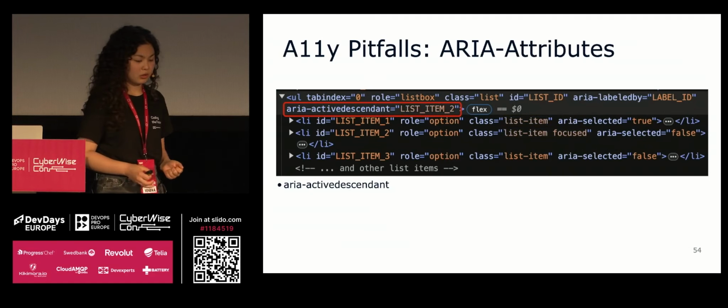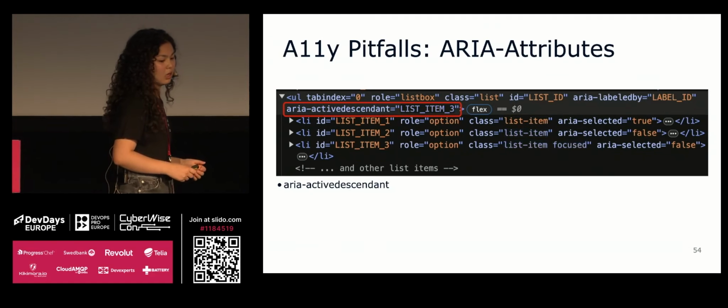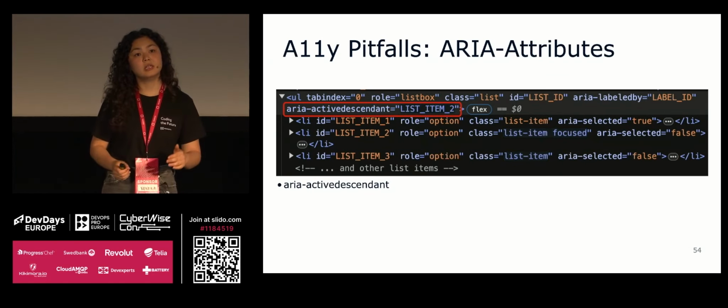Here is a recording of an inspector. I'm jumping from one list item to another one, and as you can see, the content of ARIA activedescendant is being replaced by the ID of the currently focused element. And you might also notice that I'm passing a CSS class to a focused item, because not all of the users with visual impairments, as we stated, are totally blind.